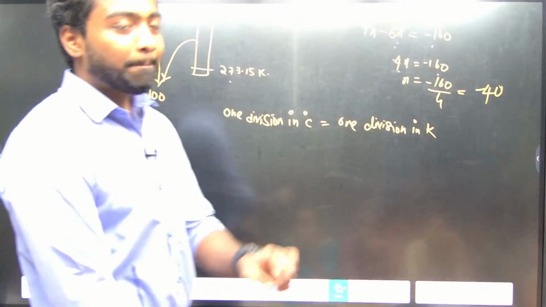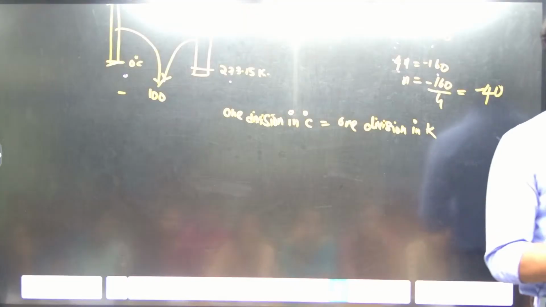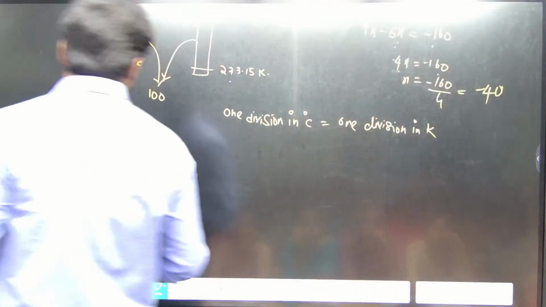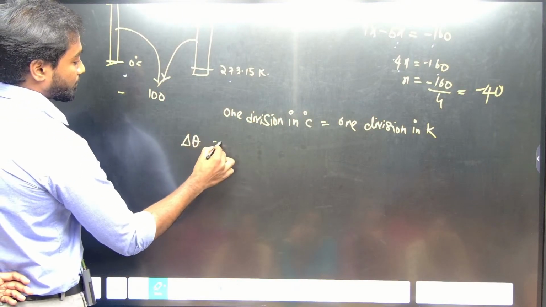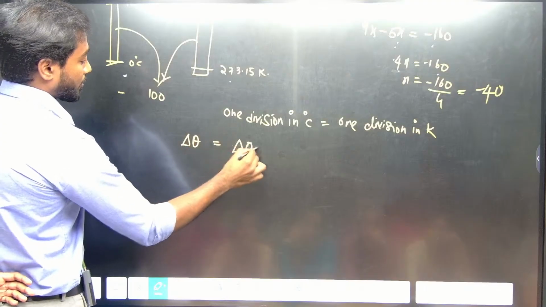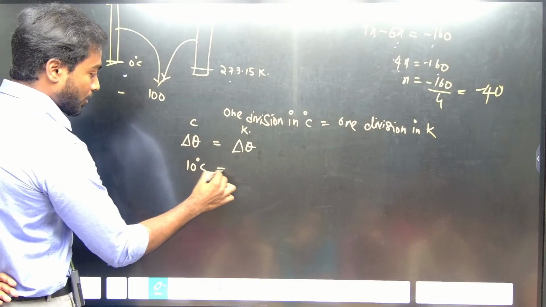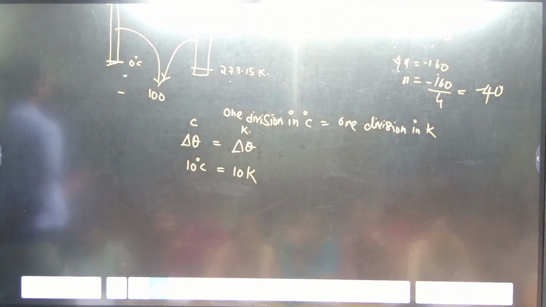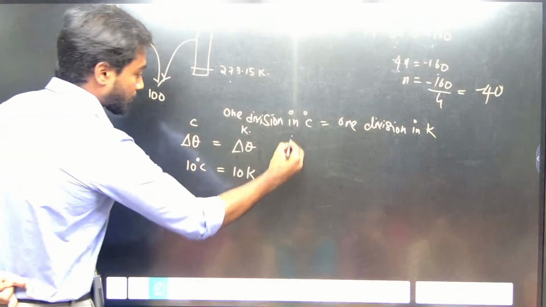See, by is nothing but like the difference we are talking. 2 is nothing but like, suppose, change in temperature, Celsius and this is Kelvin. So here 10 degrees Celsius will be equals to 10 Kelvin. Okay, for by. For 2 it is not equal, only 2 difference.